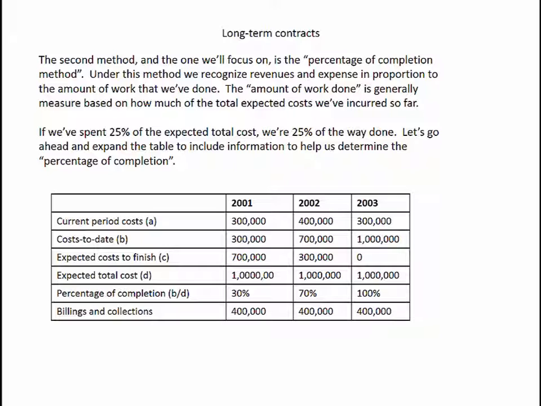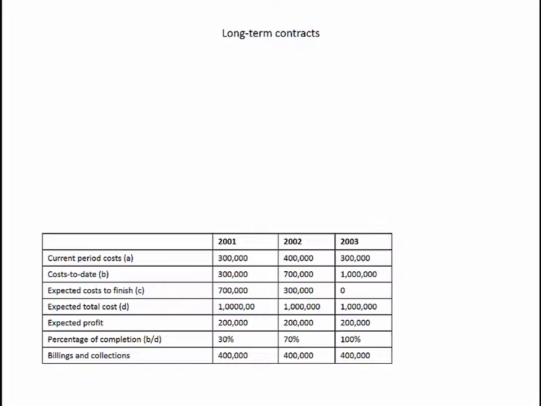In 2002, we've now spent a cumulative total of $700,000 divided by an expected total of $1 million, so we're 70% of the way done. In 2003, we're done, so we're obviously 100% of the way done. And that final row, the billings and collections, is the exact same as it was in the previous example. And there's our table again.